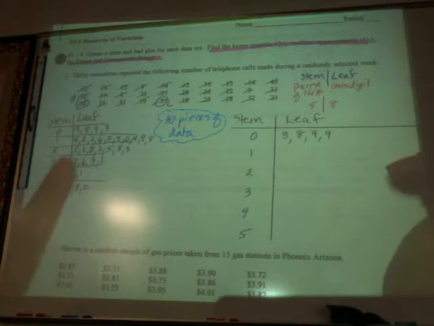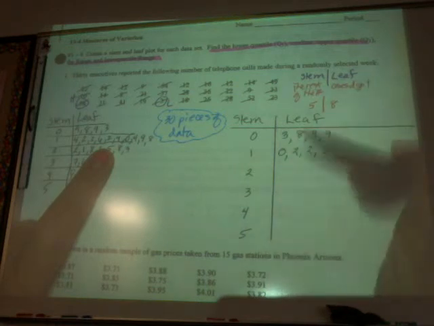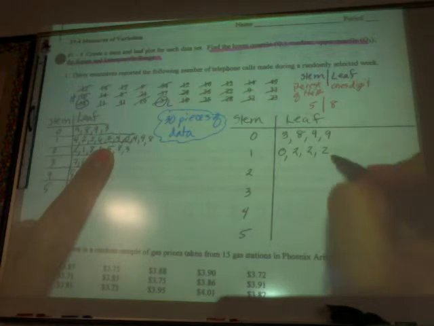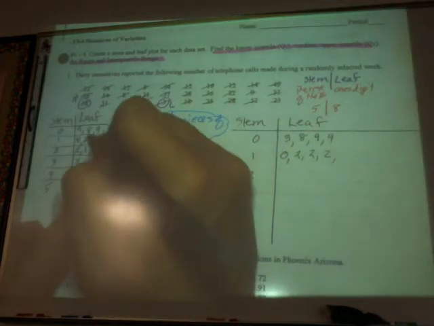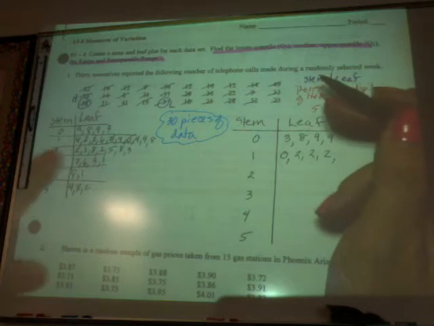All right, so then I'm going to put these in order. My smallest is 0. And then I have 3 2s, keeping these each directly below the other. And then I have 1, 2, 3 4s.